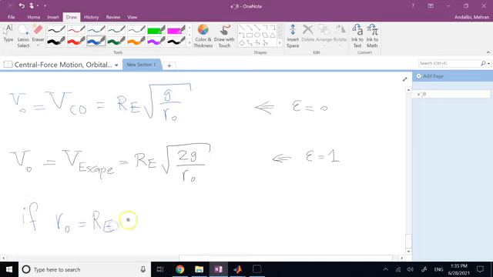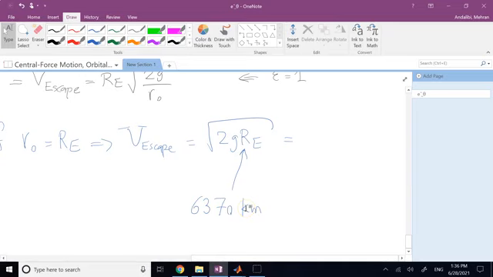And you know the average radius for the Earth is 6370 kilometers. That's the average radius of the Earth, because the radius of the Earth is not constant. Based on altitude and latitude and longitude, it does change a little bit.